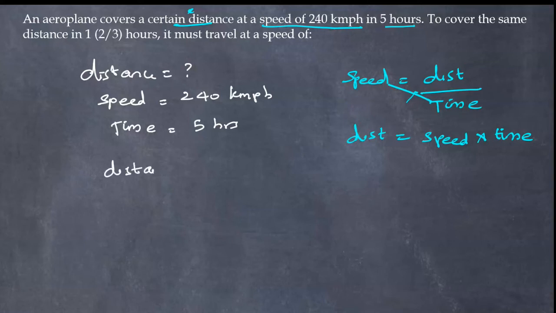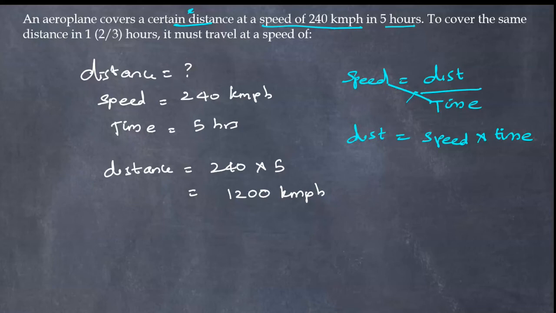So distance equals speed 240 into time 5, which equals 1200 km. So this is the value of distance we have found here.